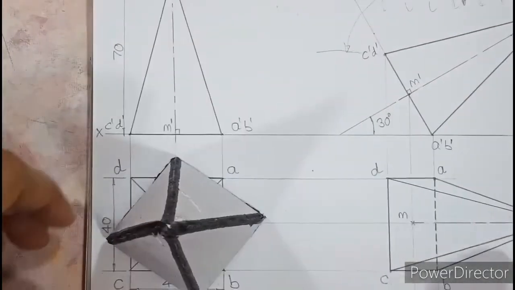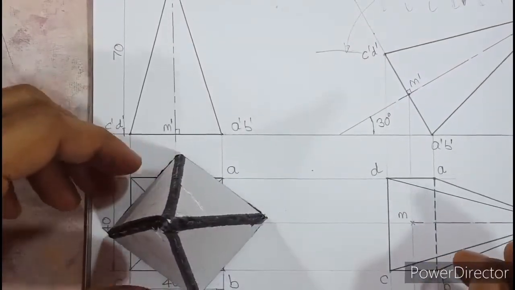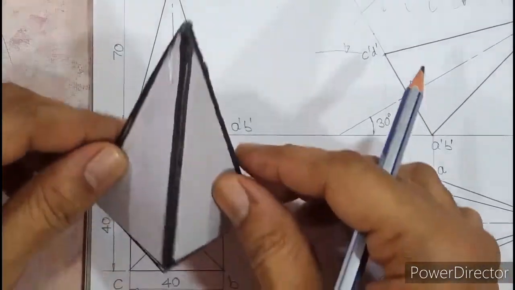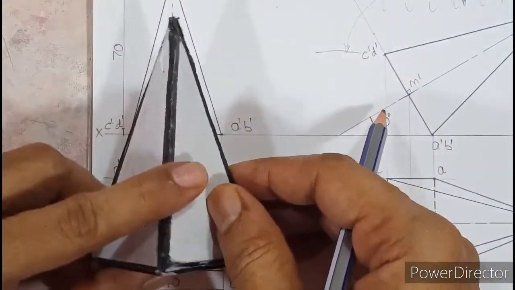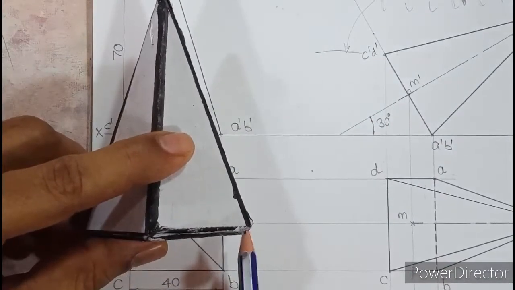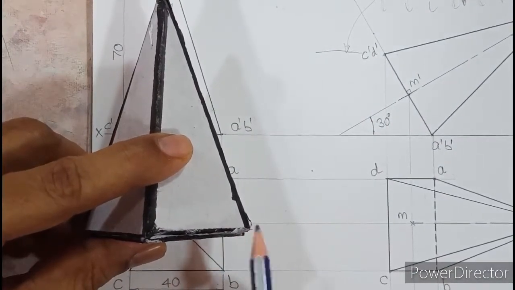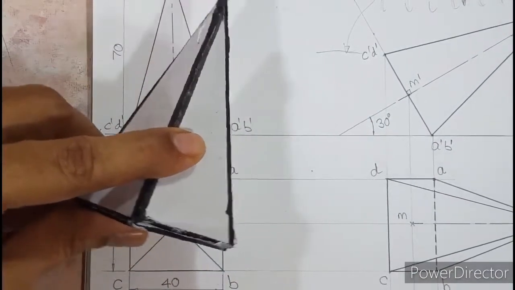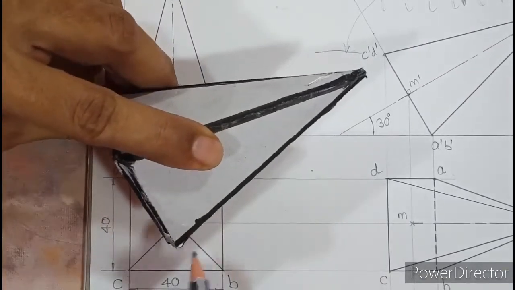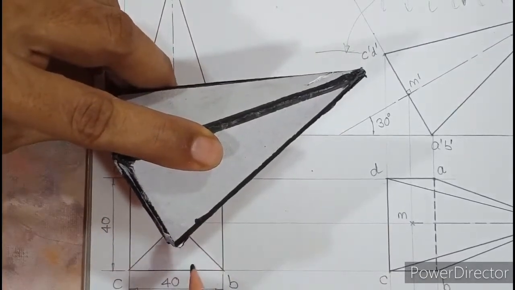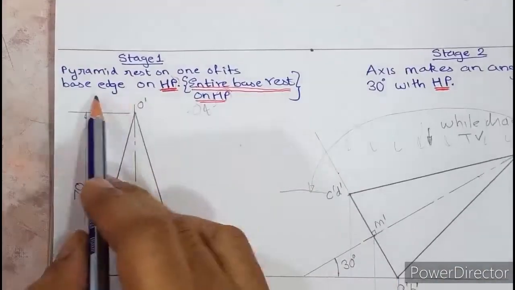The answer is, if I keep a corner on the right side and draw the front view, you'll get the front view like this, and this point will be a corner. Then in the second stage, when you tilt, you'll understand that the corner is resting on HP, and what they want is the base edge on HP.